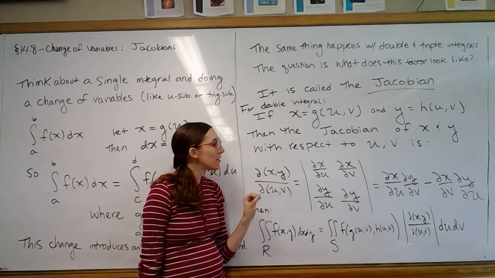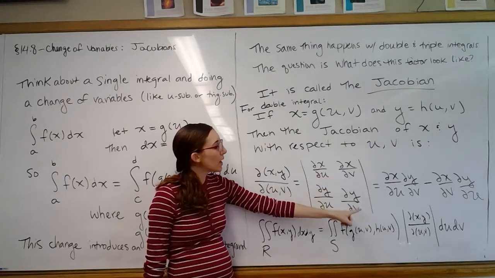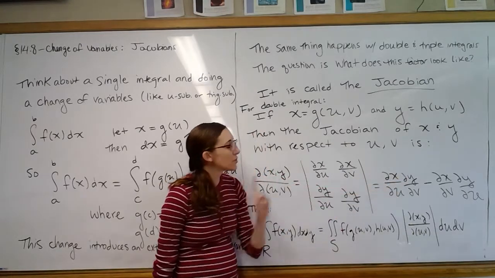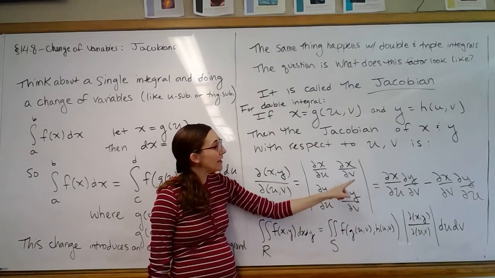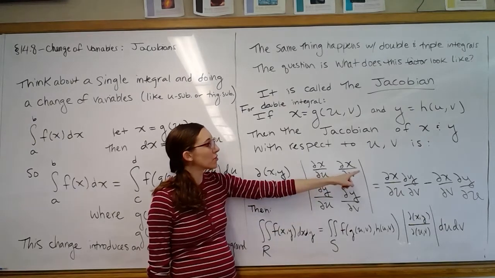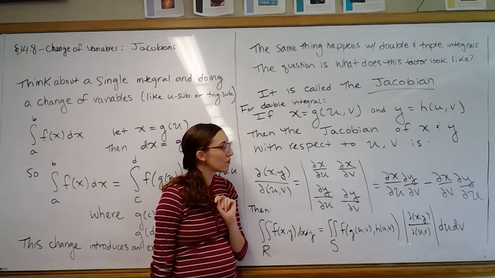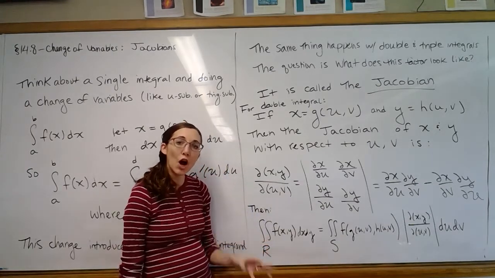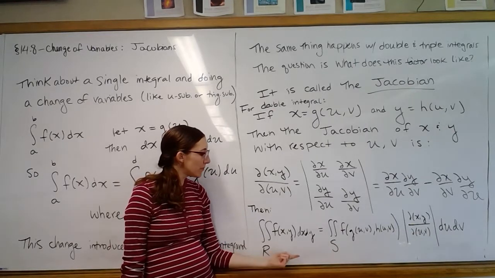And to compute this determinant, you multiply on the main diagonal: the partial of x with respect to u times the partial of y with respect to v, and then you subtract the off diagonal: minus the partial of x with respect to v times the partial of y with respect to u.